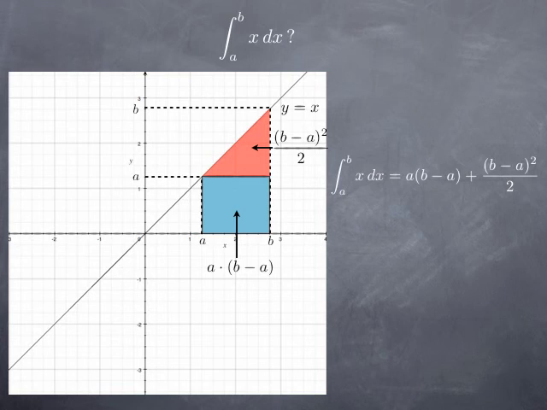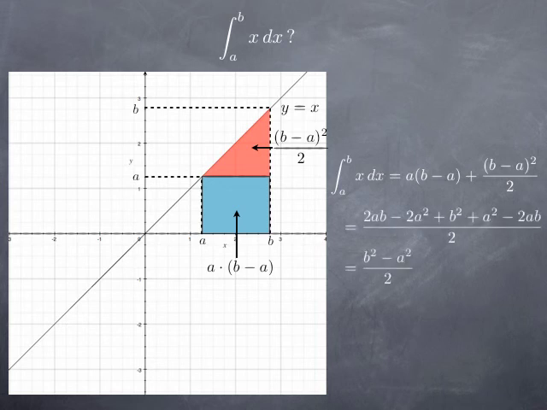If we multiply things through in the first term, we get ab minus a squared. And if we put everything over 2, then the first parenthesis gives me 2ab minus 2a squared. And if I expand the square, I get b squared plus a squared minus 2ab.